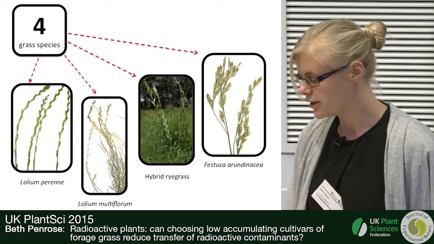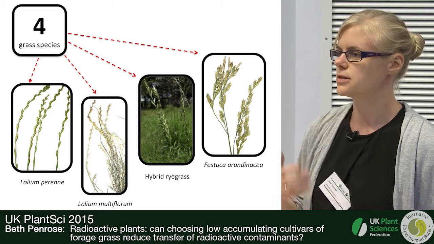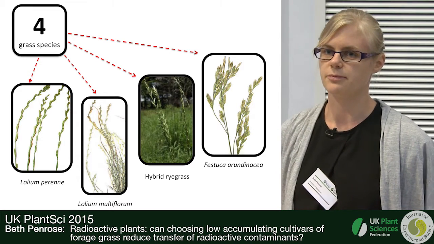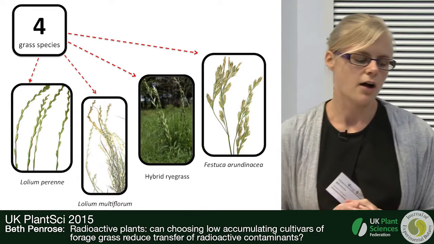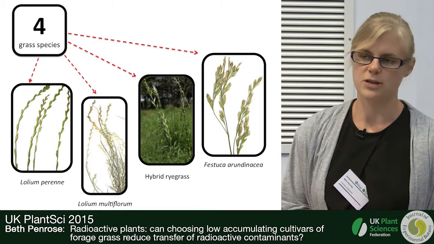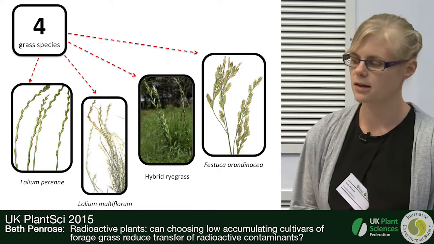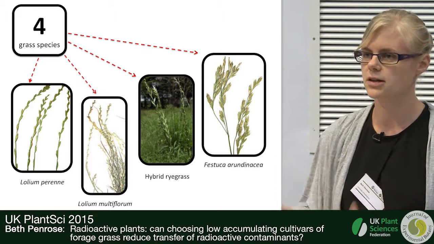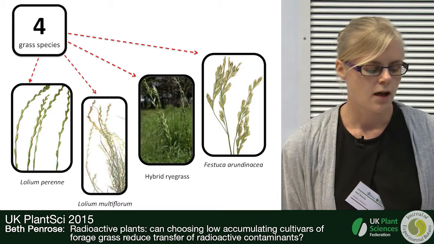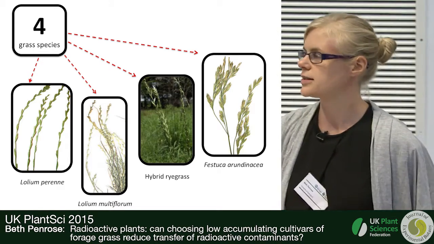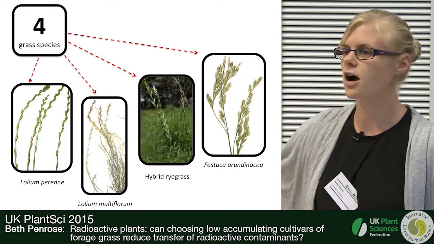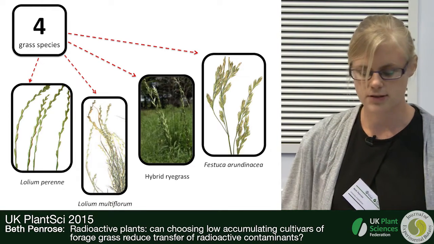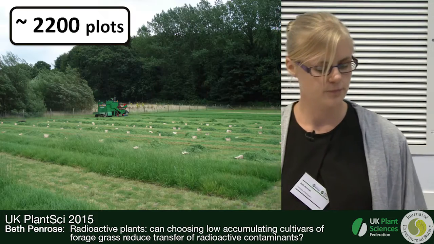And so what we've done is some experiments using stable cesium and stable strontium. They're not radioactive. And using 4 grass species, which are main forage grasses, particularly for cows, looking at milk. So we've looked at perennial ryegrass, Italian ryegrass, hybrid ryegrass, and tall fescue.